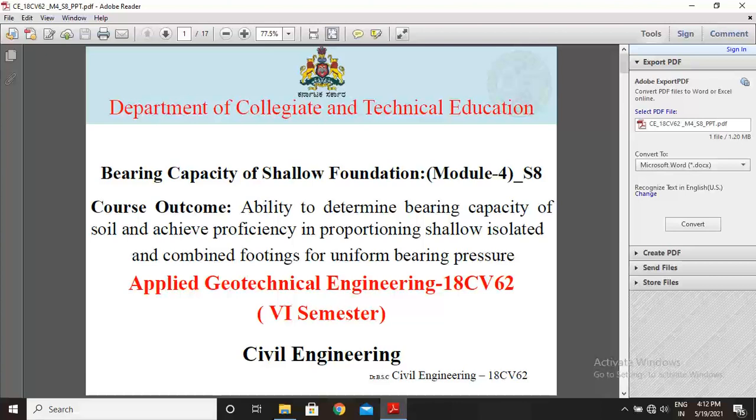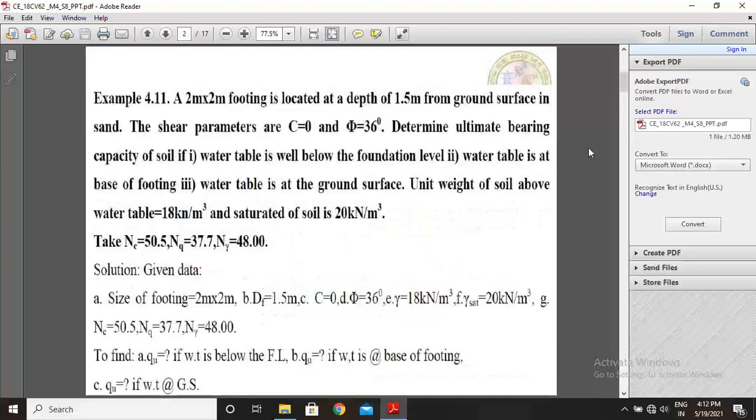Okay, so here the subject is most important in foundation engineering concepts. Now let us see. In this session also there are so many problems to solve in terms of bearing capacity concepts.